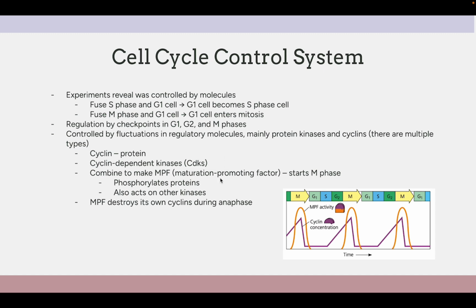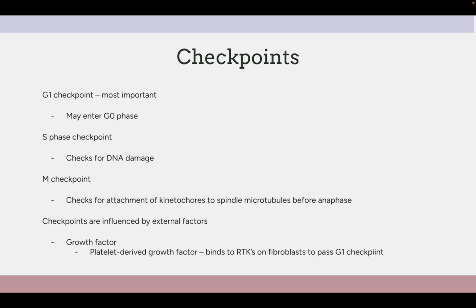This is really nice because it makes sure that you're not promoting too much mitosis, by destroying the cyclins so they can accumulate again for the next cycle. That's really important to know because this is the major way that our cell cycle is controlled.